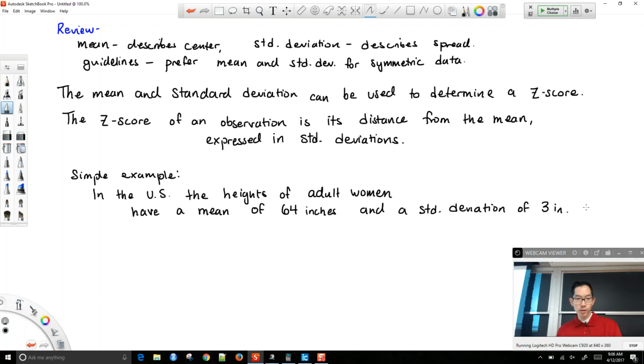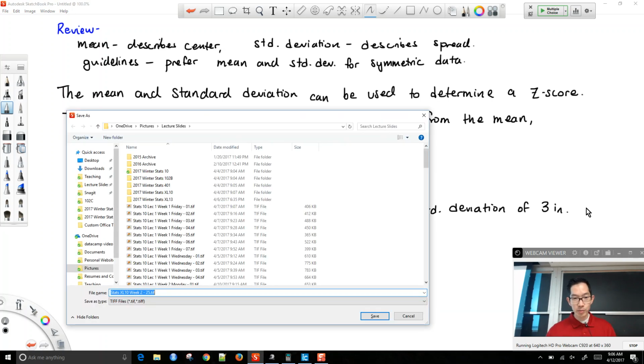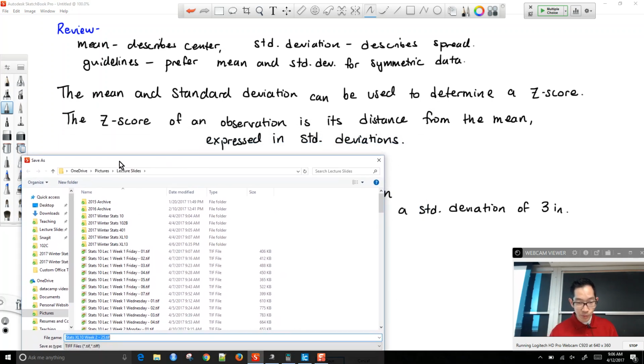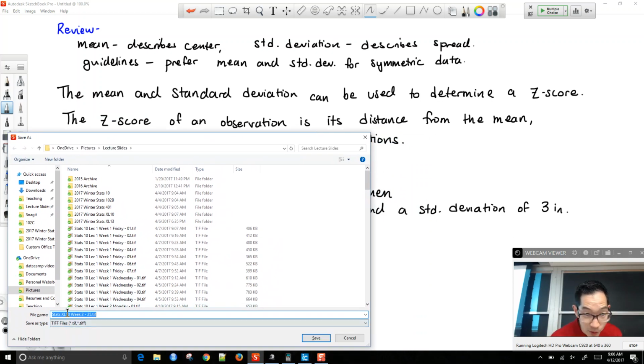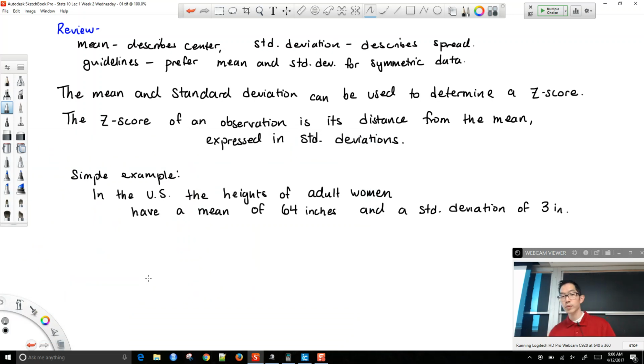Okay, and the true measurements are a little bit different from that, but just for simplicity, we're going to keep the numbers simple. So we'll just keep the math easy. We'll say the mean is 64 and the standard deviation is 3. Okay.